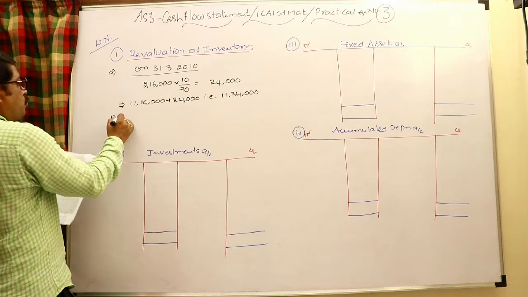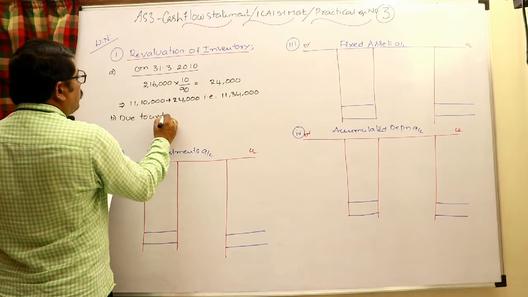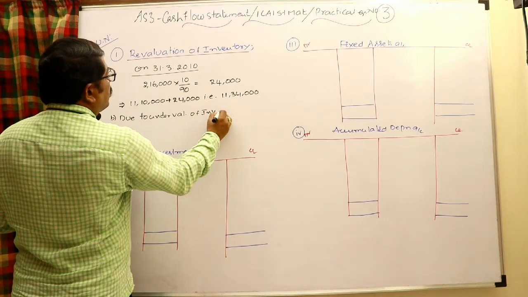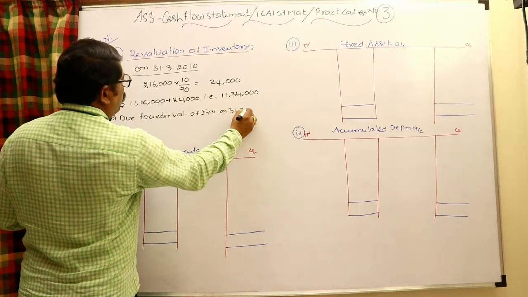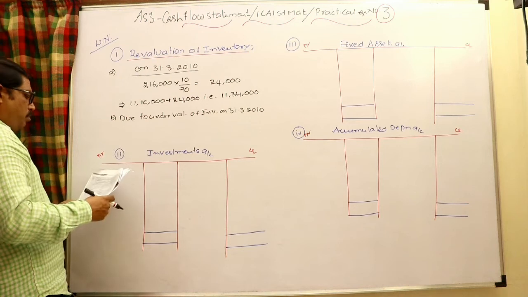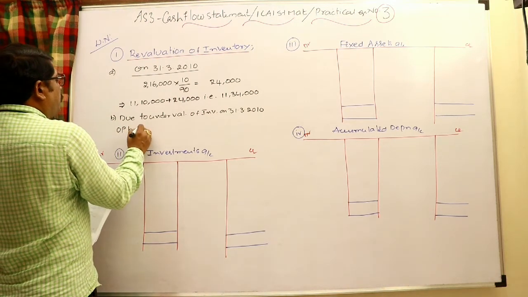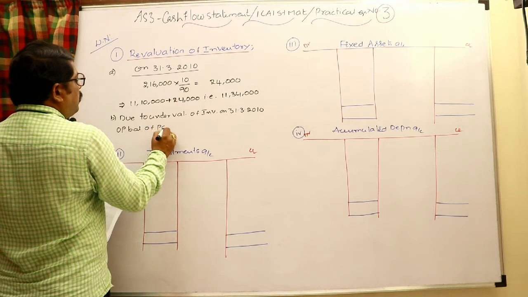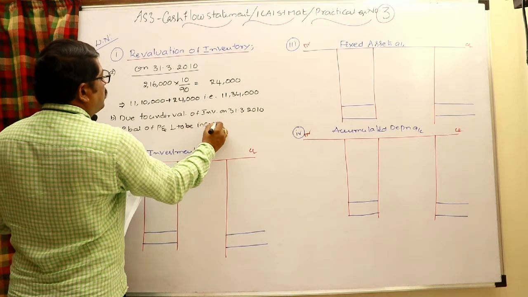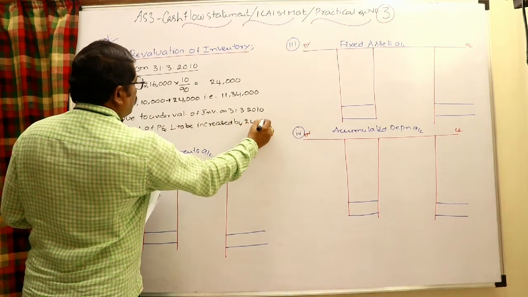So due to undervaluation of inventory on 31st March 2010, which is last year's closing stock and of course this year's opening stock, the opening balance of P&L has to be increased by 24,000.